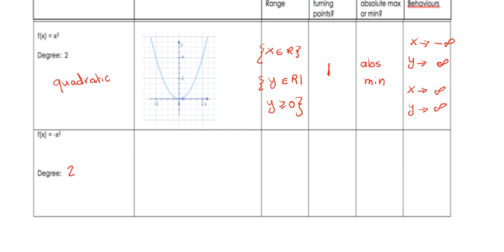Negative x squared has a degree of 2. How would the graph look? It's a parabola opening down, because the leading coefficient is negative. Domain is x in R. And the range is, what's the range?